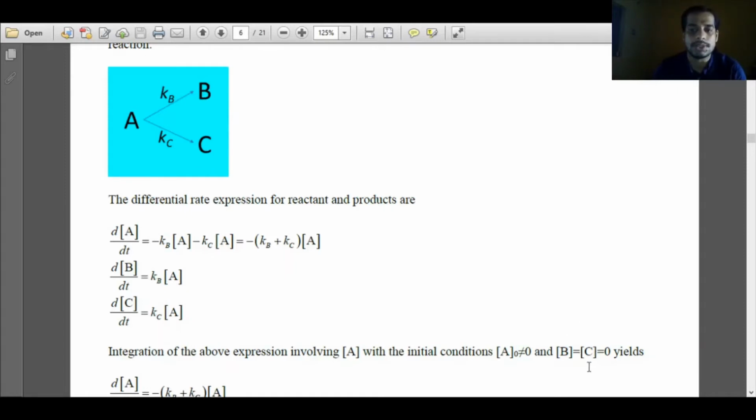At zero time only the reactant exists, and the reactant concentration is non-zero.